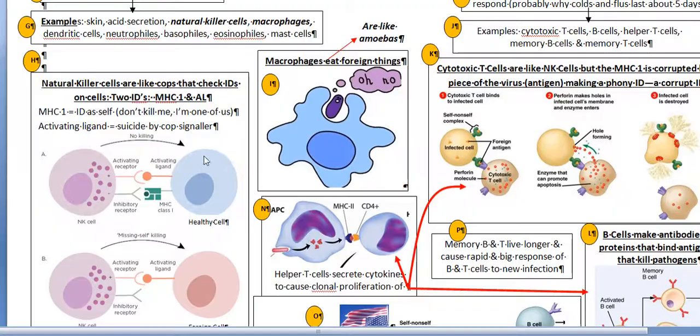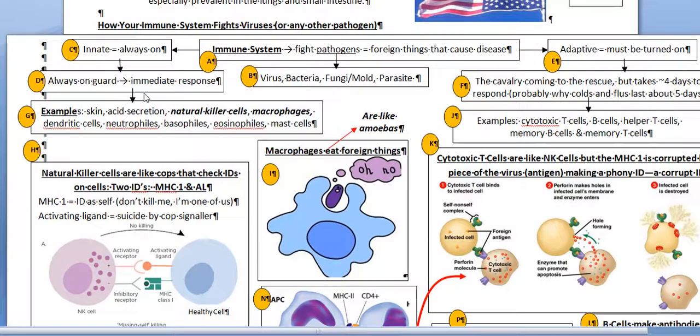All right. Now another example of the innate immune system is macrophages. Remember, these are always on, always there, always working and protecting you. Macrophages are like amoebas. I don't know if you remember from biology in high school, but amoebas are single-celled organisms that flow around.